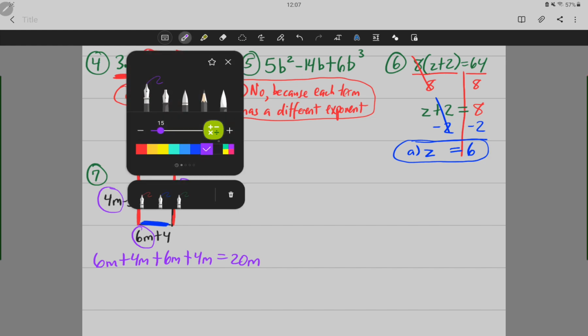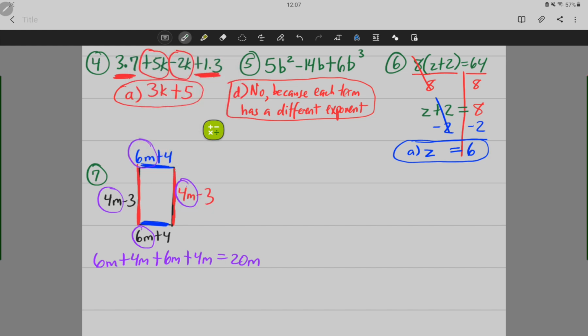And I will just use a different color here to underline our constants. Now you could do this in any order. I prefer to do the positives first and then the negatives, just because, doing negatives first, some people get confused. So I'm just going to say positive 4 plus 4.